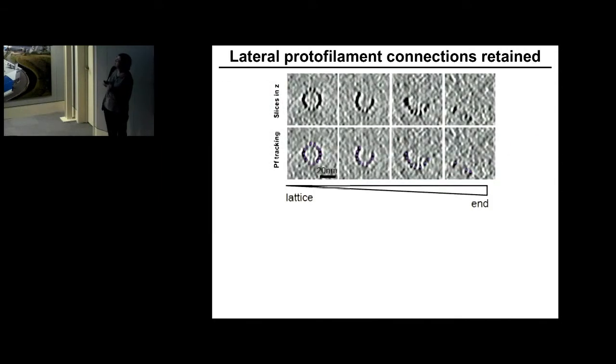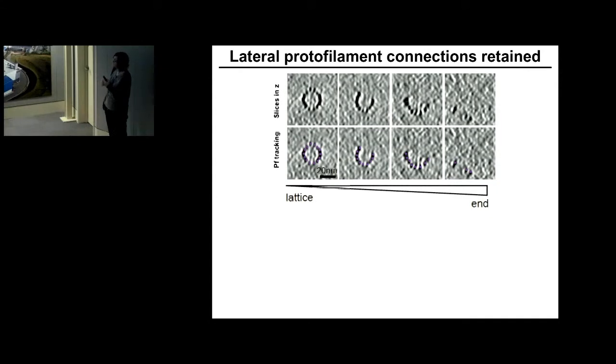So this is now slices through the microtubule to show you a different type of curvature that we're seeing. As you start to approach the microtubule end, the lateral contacts that hold the cylindrical wall together start to relax, but the contacts are retained, so a sheet is formed as opposed to a hollow cylinder.